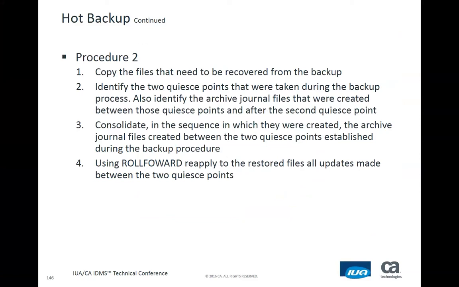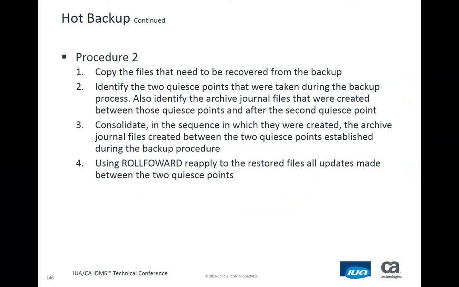Number 3, consolidate, in the sequence in which they were created, the archived journal files created between the two quiescence points established using the backup procedure. So again, these are just the journal files created during the creation of the backup file. Now I'll use the roll forward utility to do a roll forward against that portion of the database.